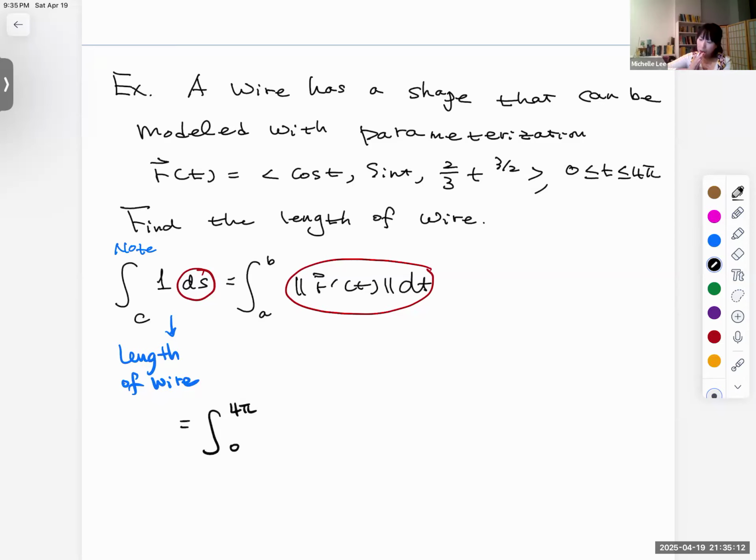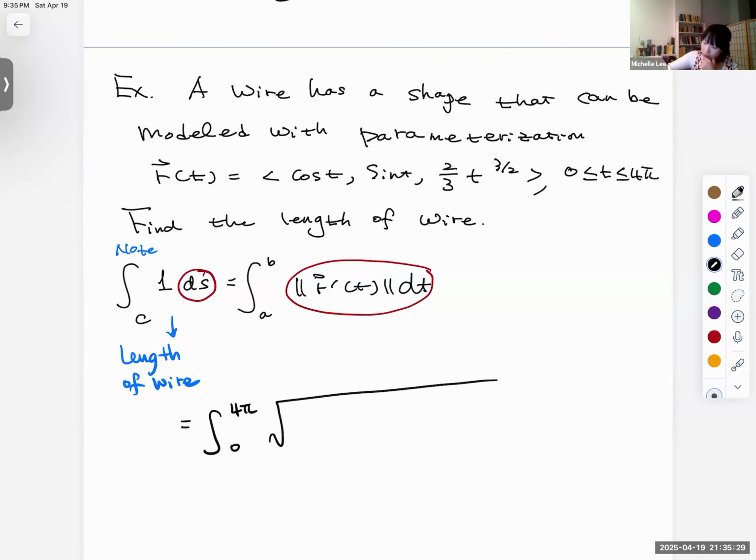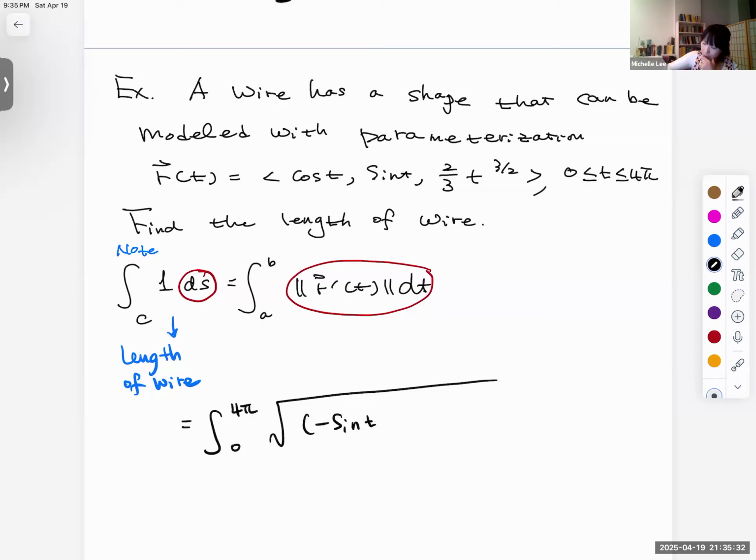And then the magnitude of the derivative of each, right? So let's do that. For the magnitude, we make a square root of, the derivative of cosine t, negative sine t squared, plus the derivative of sine t, which is cosine t squared.